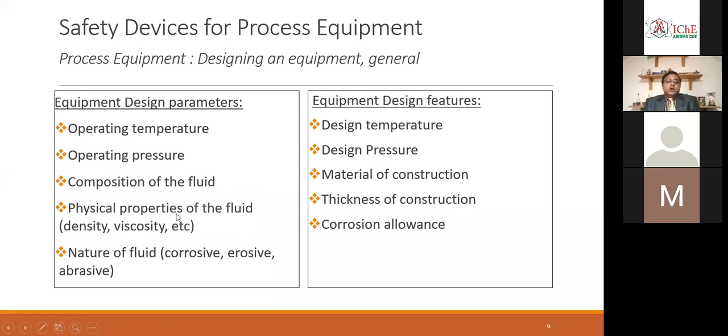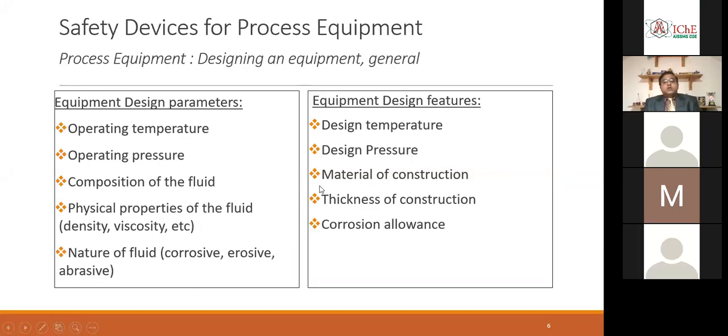Then the composition of the fluid: if it has got some, say, H2S and water present, then it becomes very corrosive. So based on that, you decide the material of construction. If it is simple water, potable water needs stainless steel construction, whereas ordinary water used for industrial uses, you can store in a carbon steel vessel or transfer it through carbon steel pipes.